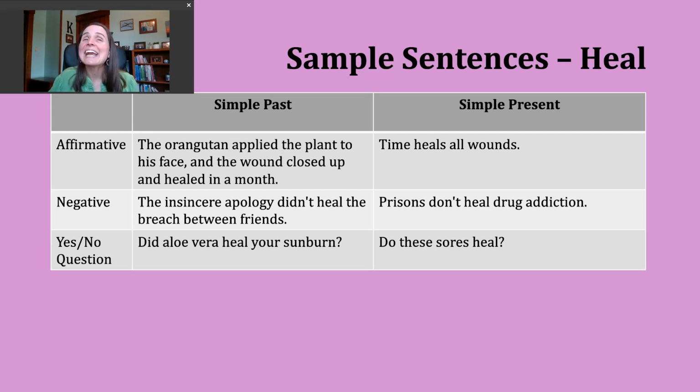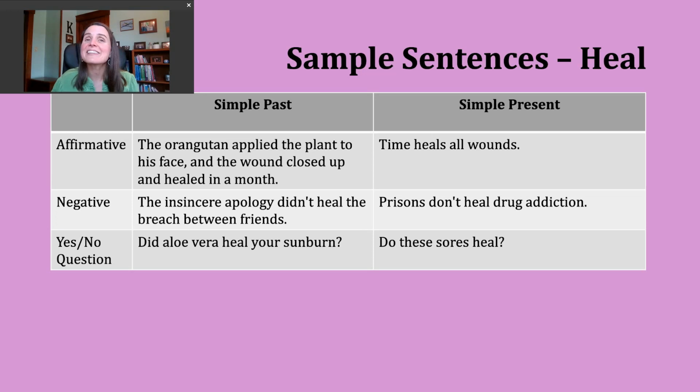Now let's take a look at a negative sentence. To do this, again, we pay attention to our subject. If our subject is I, you, we, or they, we're going to use do not and then the base verb. But if the subject is he, she, or it, we'll use does not and then the base verb.